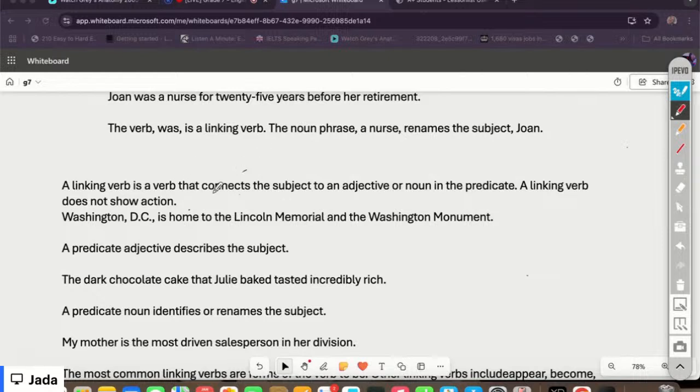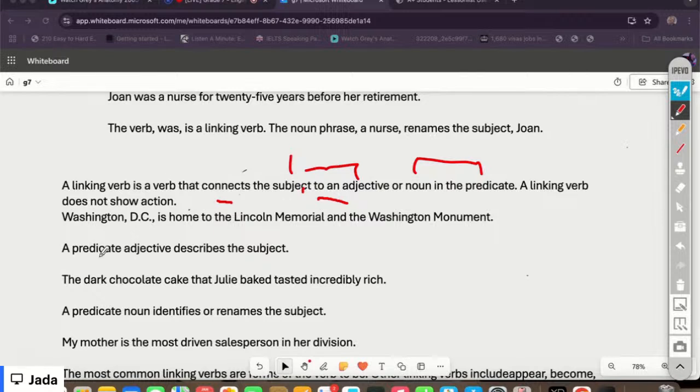A linking verb is a verb that connects the subject to an adjective or noun in the predicate. Okay, so remember that a linking verb is a verb that connects subject to adjective or noun in the predicate. A linking verb does not show action, so linking verbs are not action verbs.